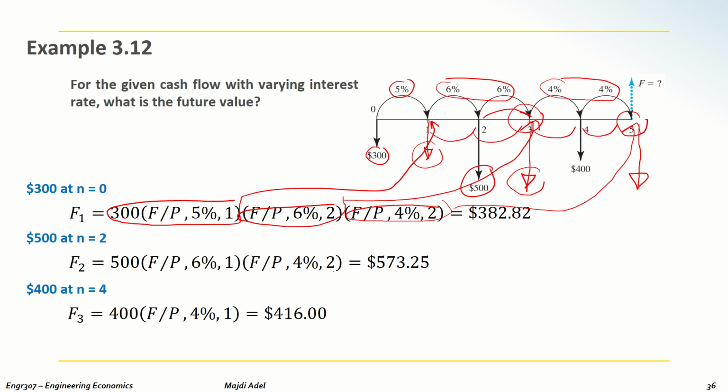And for the last transaction, which is 400, there is only one interest period at 4%. So 400 multiplied by calculate F given P at 4% and 1 year. The total future value is the summation of F1, F2 and F3, which is equal to $1,372. The future value is the sum of F1, F2 and F3.